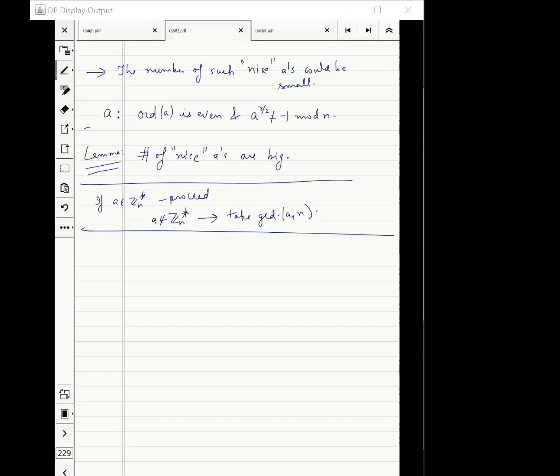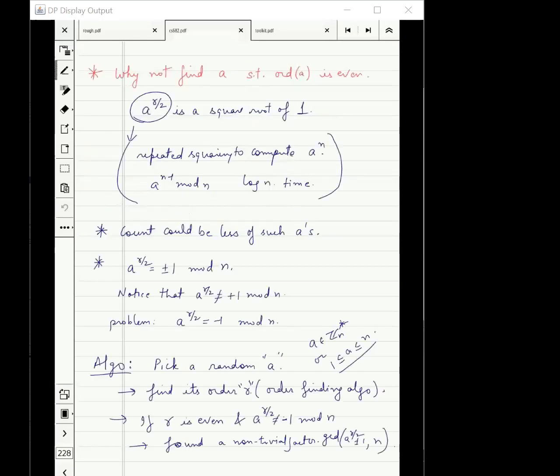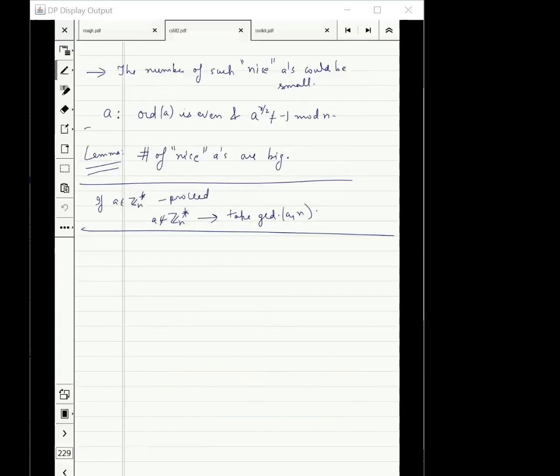You don't have to apply quantum at all. You are really lucky. That means picking a random A is not a problem. The only thing we are left with is the proof of the lemma.